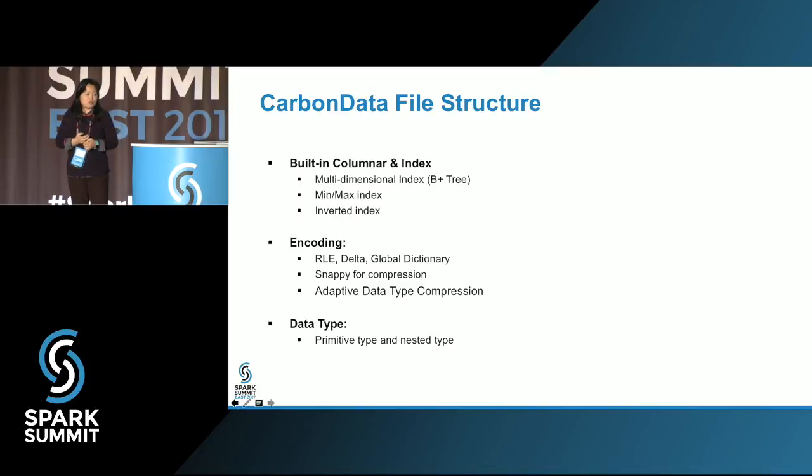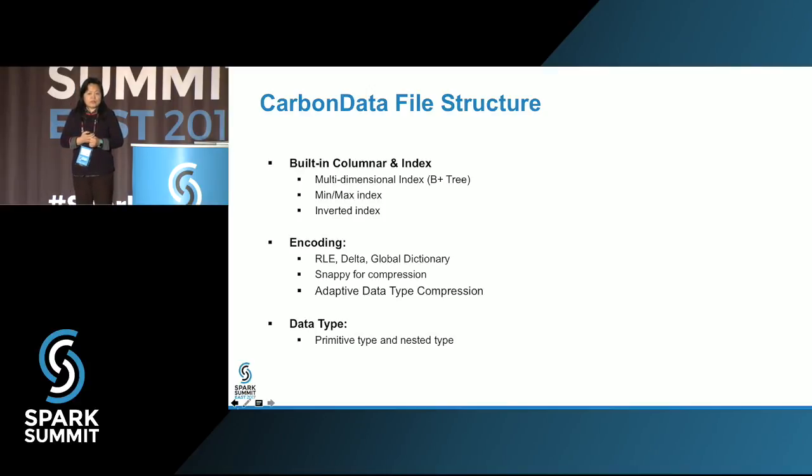We're going to talk in more detail in following slides. As a file format, we also support a couple of very efficient encoding schemes. To name a couple, we have RLE, Delta and dictionary support. For dictionary support for low cardinality columns, we also support global dictionary encoding. We will talk in more detail about some optimizations we have done with the global dictionary in later slides.